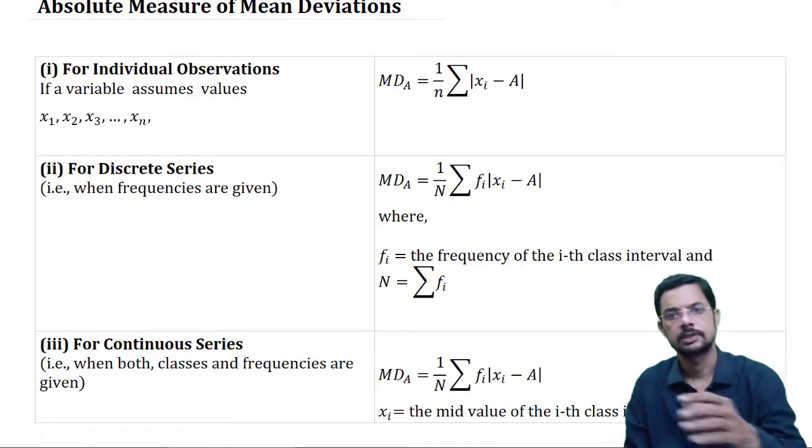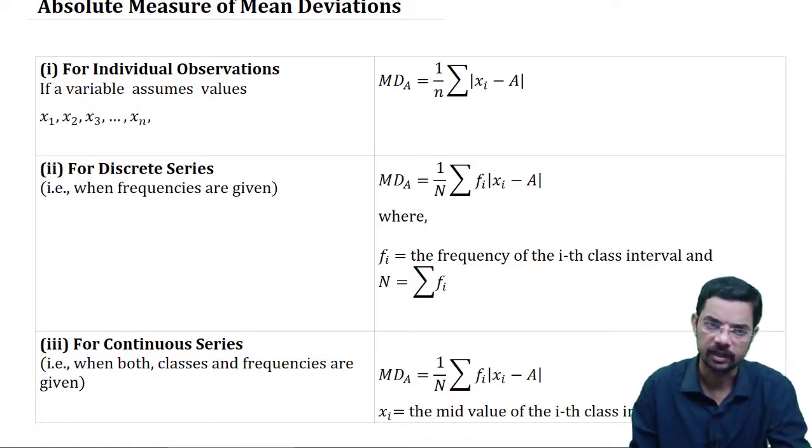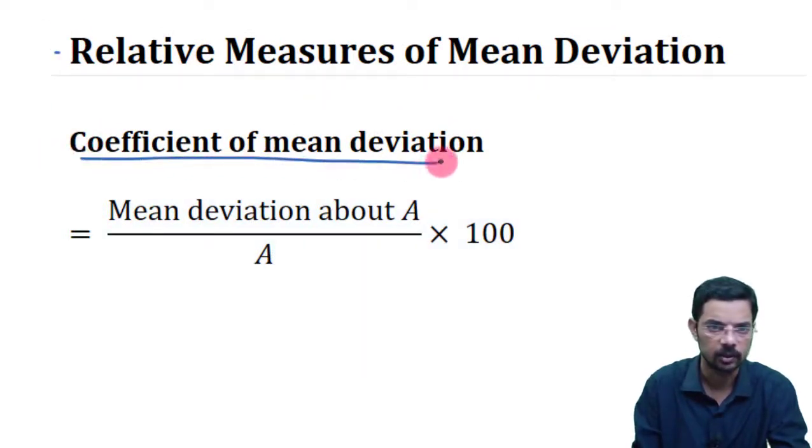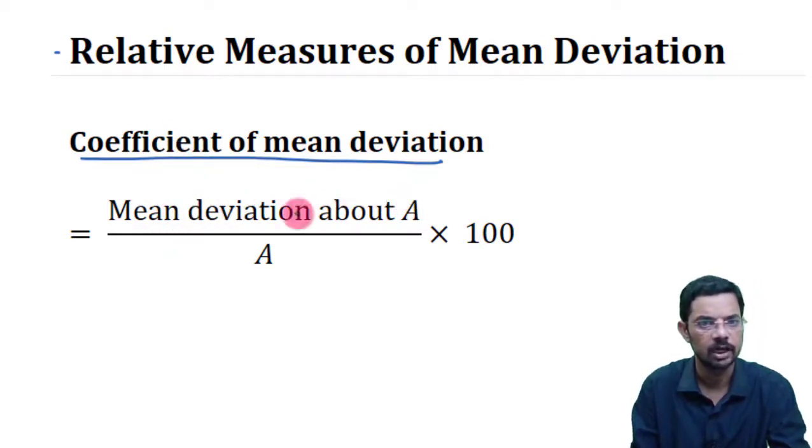Now, let us discuss relative measures of mean deviation. The relative measure of mean deviation is known as the coefficient of mean deviation, and it is defined as mean deviation about A divided by A into 100.